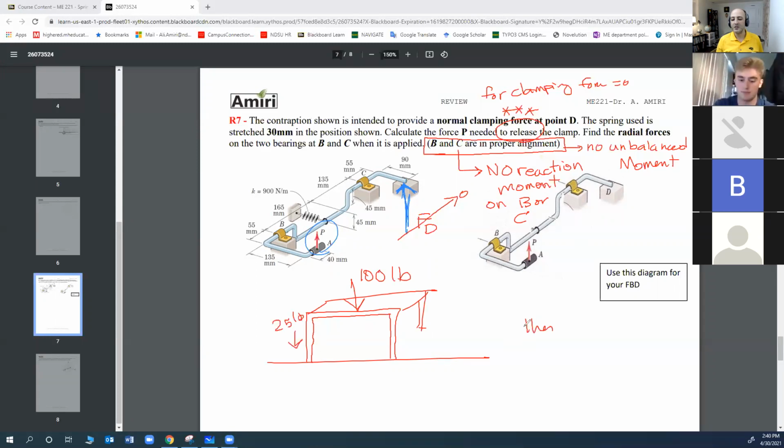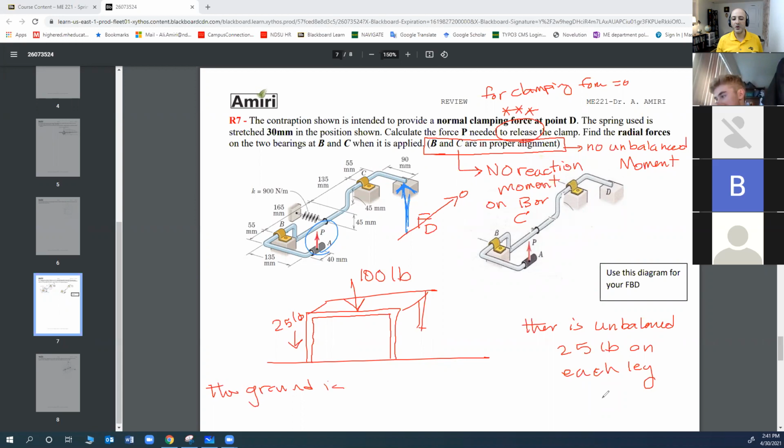There is an unbalanced 25 pounds on each leg. Therefore, the floor is going to create 25 pounds to balance this. As a result, the floor is going to have a 25-pound reaction, the normal force.